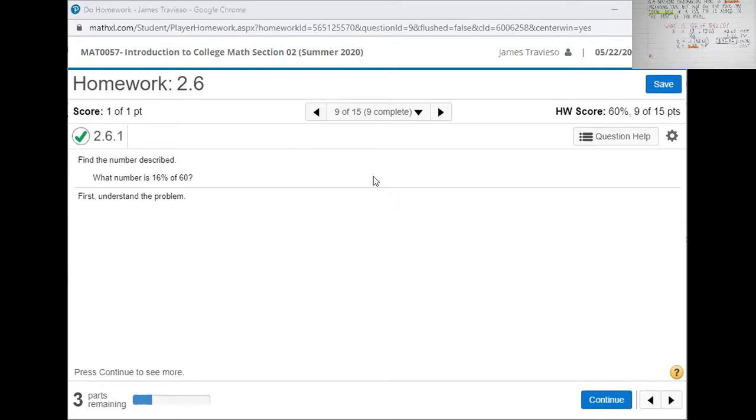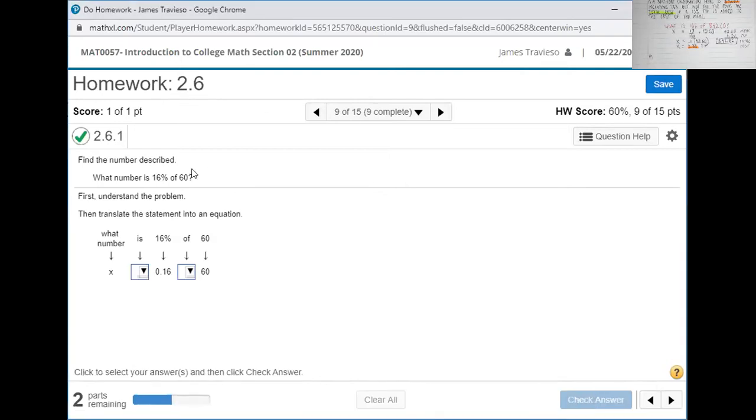The thing I want you to really pay attention to is there are 3 parts remaining to this problem. If you just jump right into it and solve this, that would be fine, but you have to make sure you understand what they're asking you. So if you hit continue here, because that's what it says, press continue, it's not asking you anything yet.